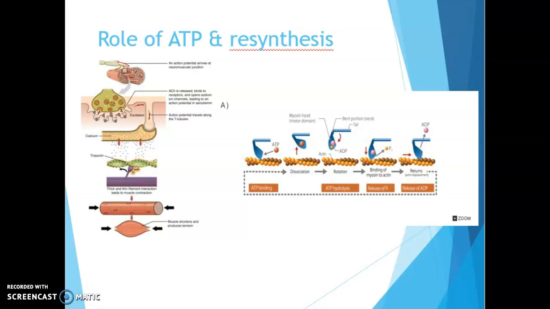Cardiac muscle is responsible for contraction of the heart, which allows blood to pump through each of the four chambers, the right and left atrium and the right and left ventricle, and therefore supplies the body with the oxygenated blood it needs.